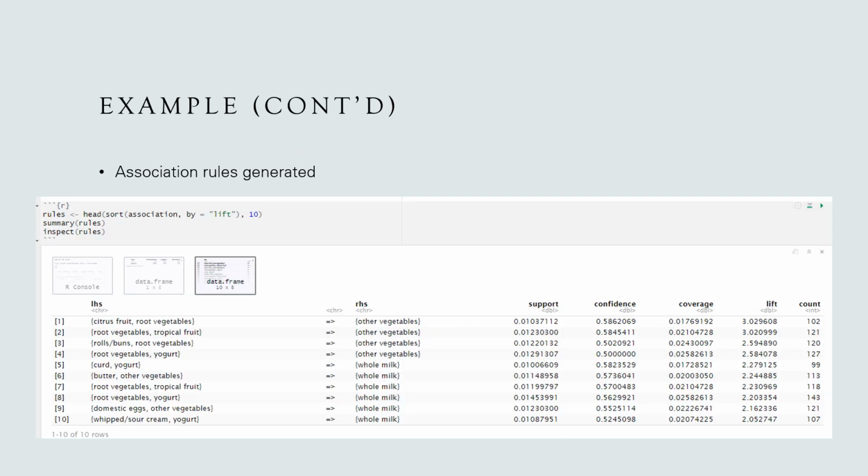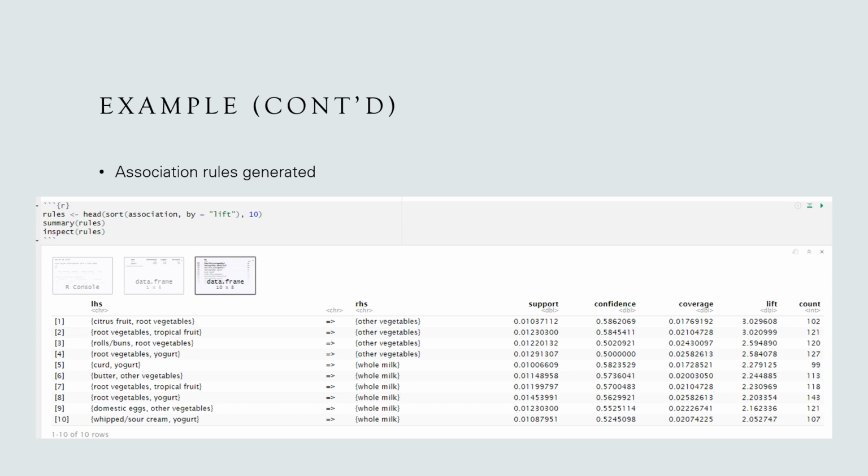So this is the top 10 rules based on, again, the support and confidence that I set, and we'll walk through it pretty quickly. So LHS, left hand side, or RHS, right hand side. What this is saying is essentially that when citrus fruit and root vegetables are purchased, other vegetables are 3 times more likely to also be purchased.